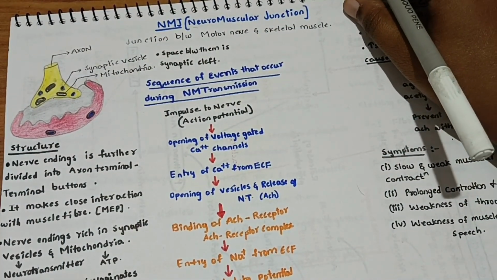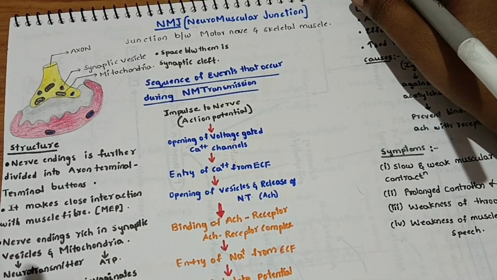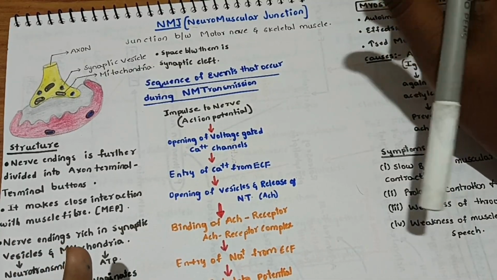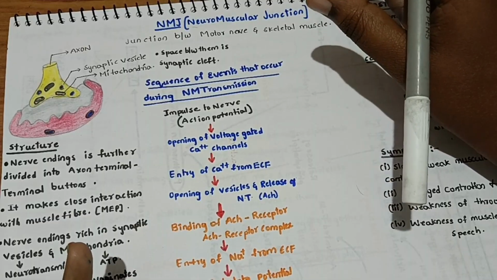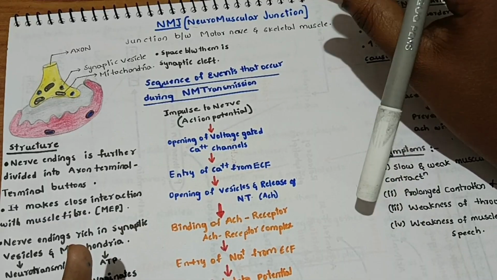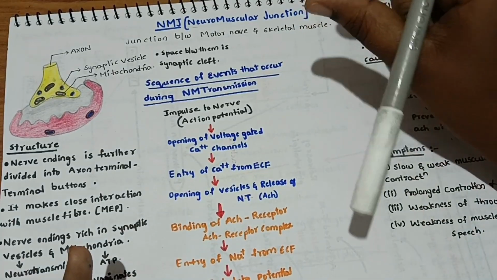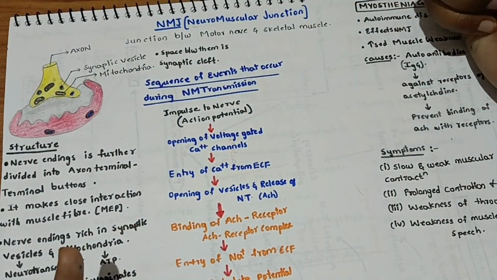So what are the main structures present in the neuromuscular junction? A neuron divides into terminal buttons containing mitochondria and synaptic vesicles storing neurotransmitters like acetylcholine.